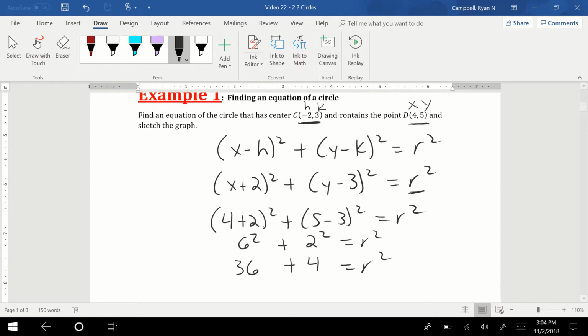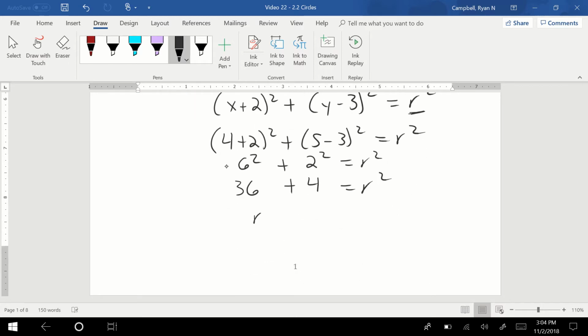So we see that r squared is going to equal 40, which means that r equals the square root of 40. We can simplify that down, right? That's 4 times 10. We know the square root of 4 is 2, so that's the same as 2 times the square root of 10.